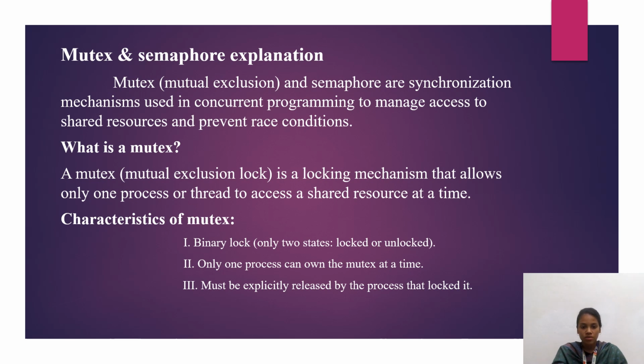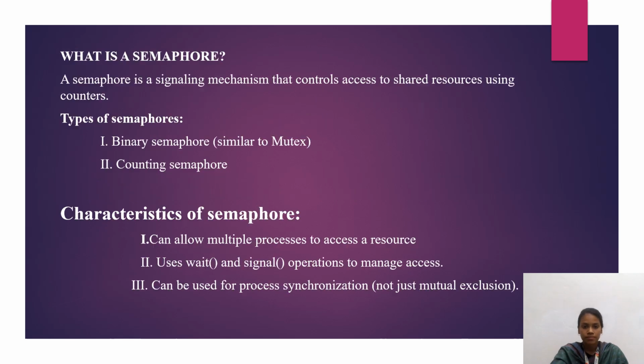Characteristics of mutex: binary lock, only two states, locked or unlocked. Only one process can own the mutex at a time. It must be explicitly released by the process that locked it.